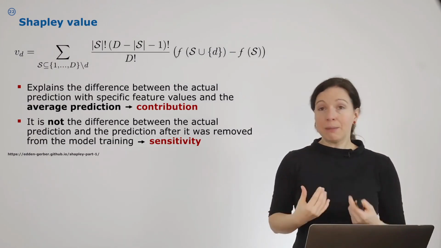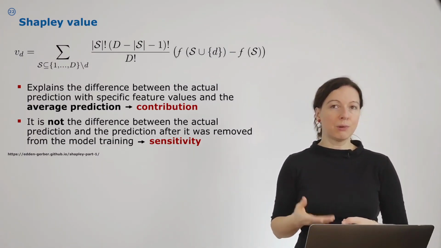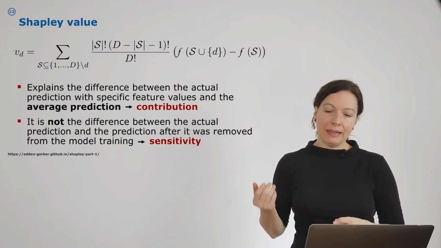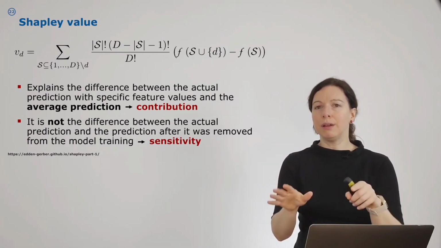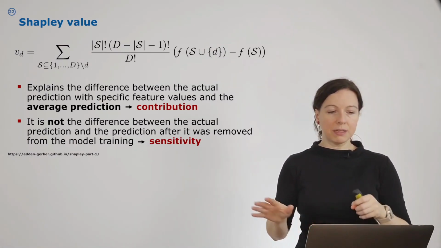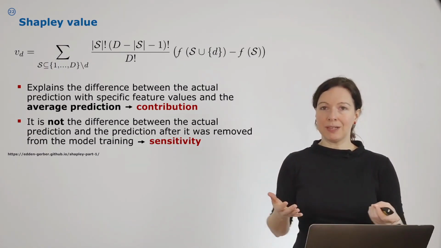The Shapley values compute a contribution, and the second one is more related to sensitivity. There are a few more differences, but one crucial difference you can keep in mind is the reference.